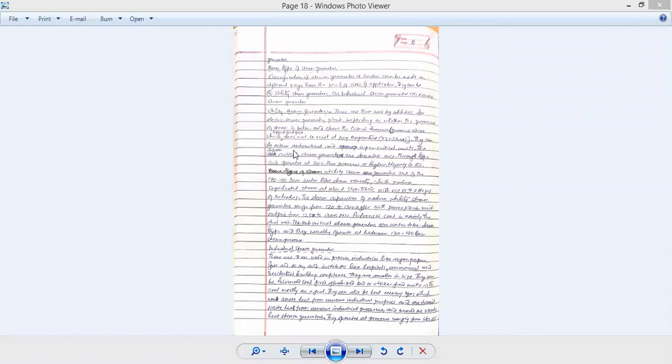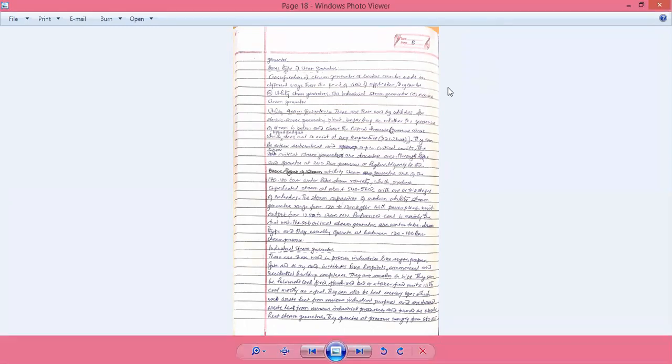Now, what I'm saying about the utility steam boiler is almost the process. There are these utilities.